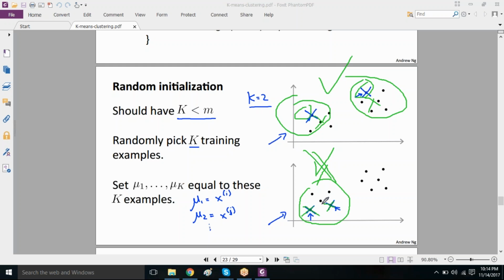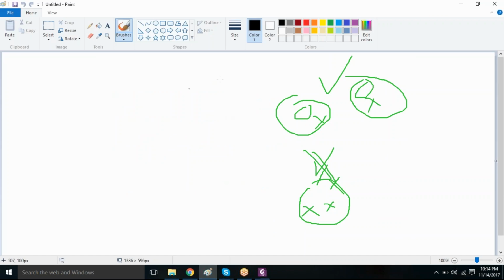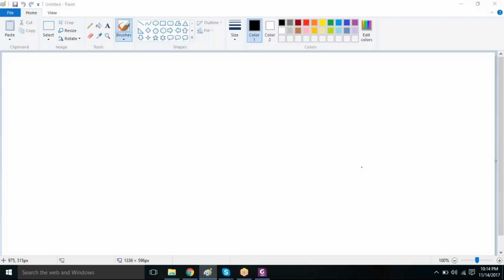Once you have chosen one center, suppose you chose one center here, then the second center which you choose will be far from the first one. What I am trying to say is, just try to understand it. If the data points are like this, right?